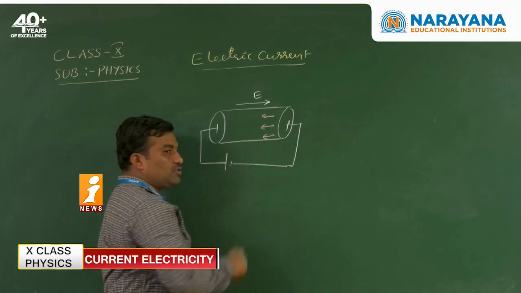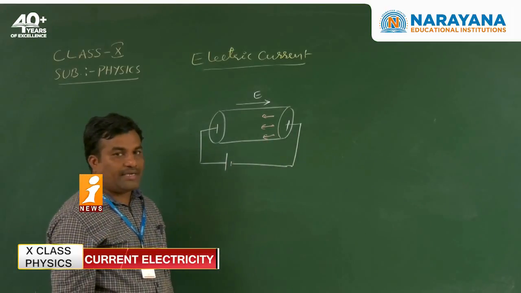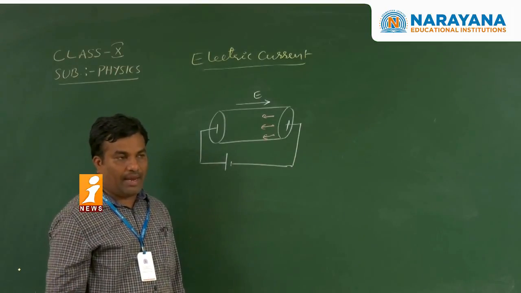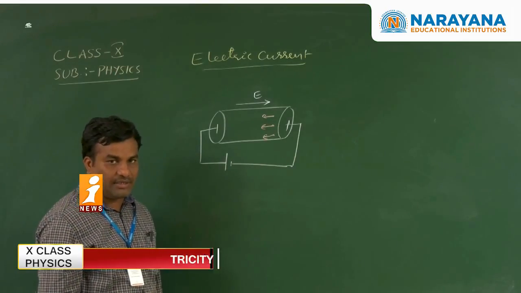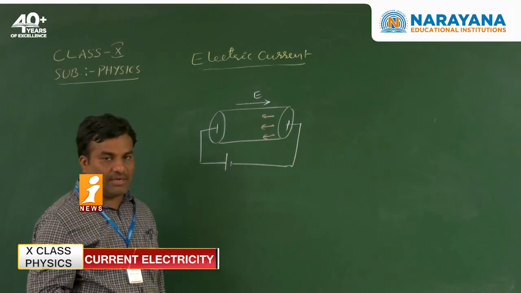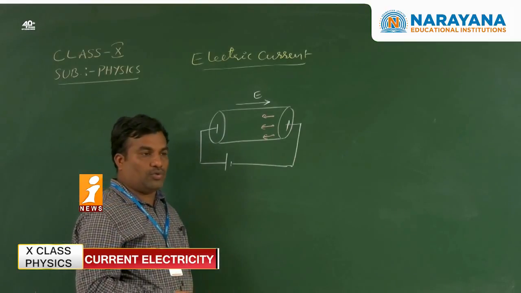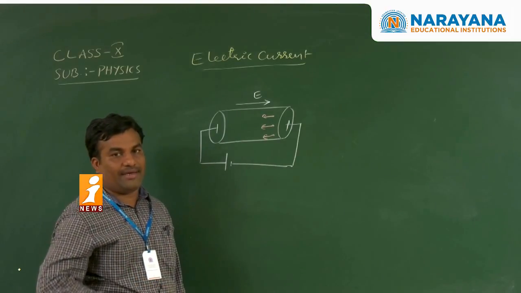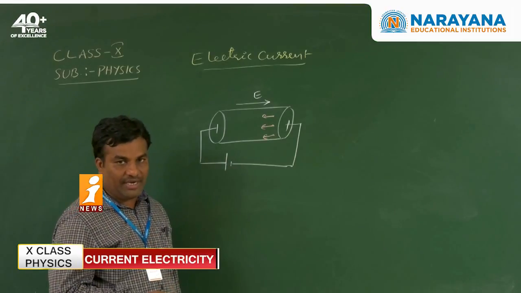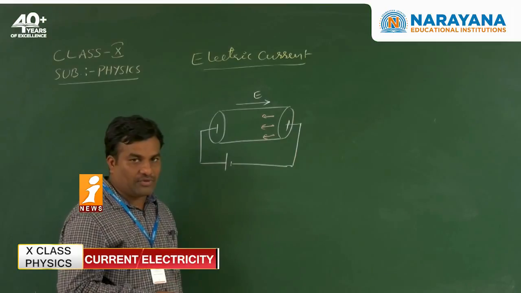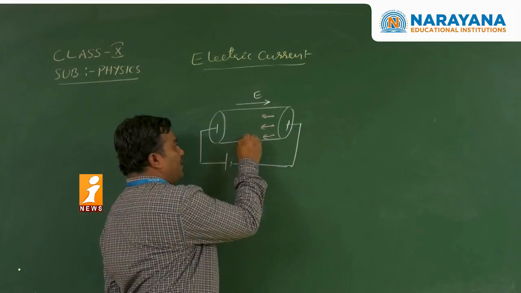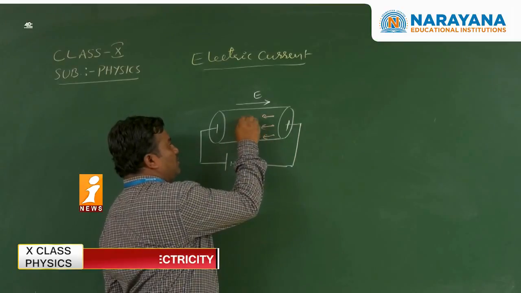They collide with lattice positive ions and lose energy, and are again accelerated toward the positive end. Again they collide with another lattice ion and lose energy, and are accelerated due to the electric force. Finally the electrons reach the next end.